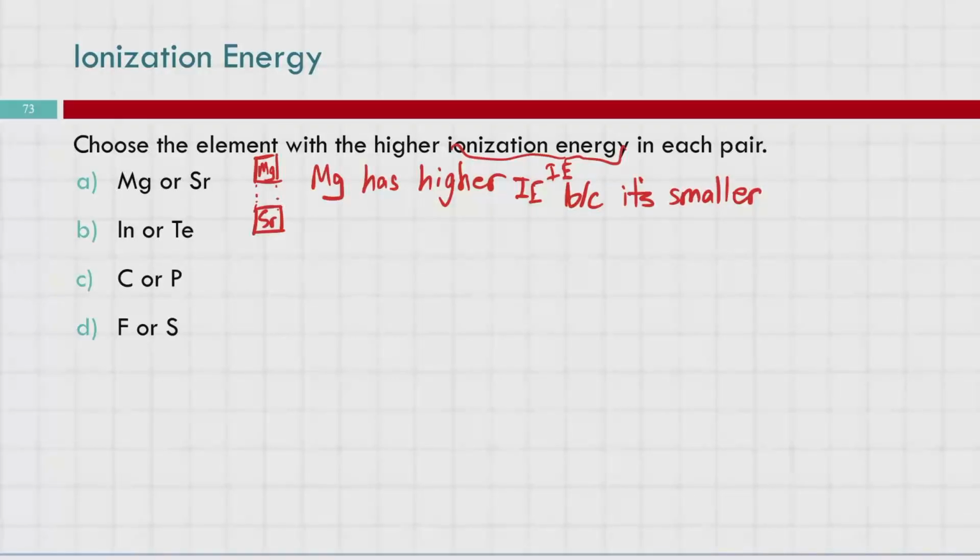All right, In or Te. Which one is going to be higher ionization energy? Te has higher ionization energy. The reason is it's further to the right on the periodic table, so it's pretty close. It needs to gain 2 electrons, and then it's got noble gas configuration.